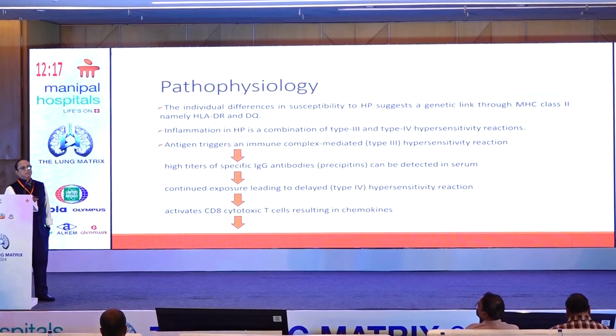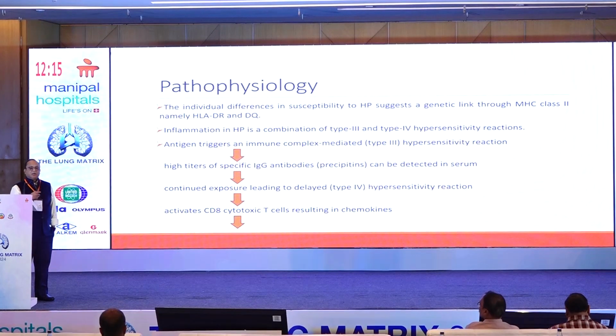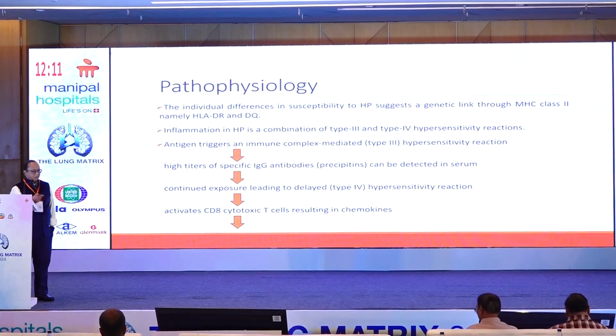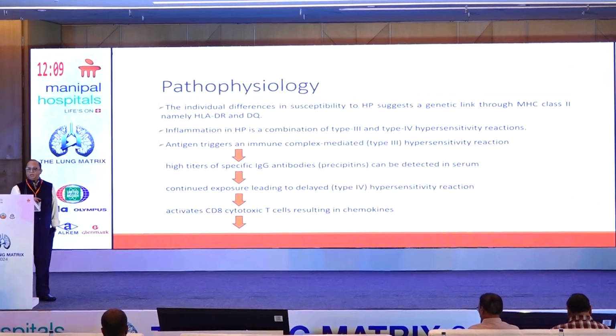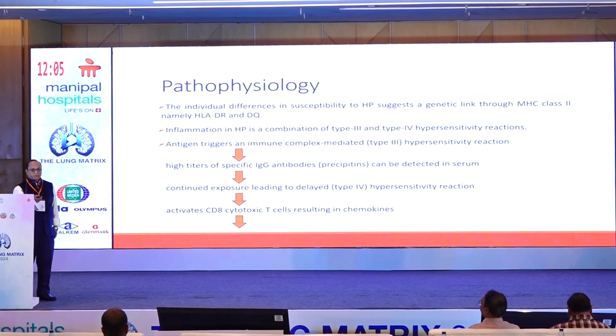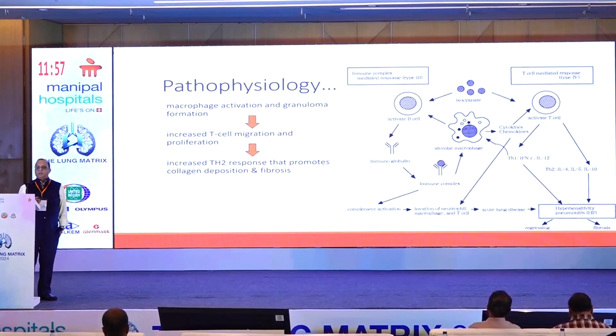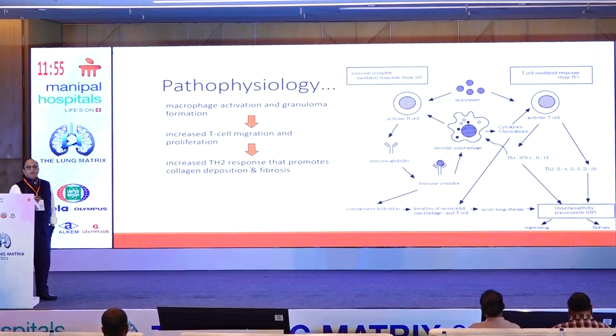If the symptoms are not evaluated, either the patient doesn't come or we miss it, then it leads to frank delayed hypersensitivity. T cell mechanisms take over from the B cell, which is type 3, and you have increased CD8 cytotoxic cells, resulting in chemokine release.